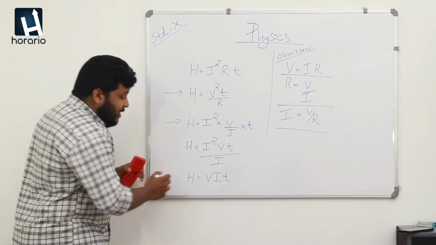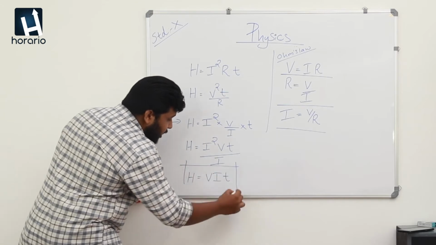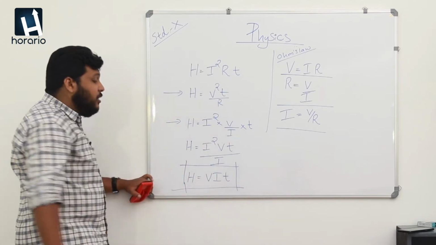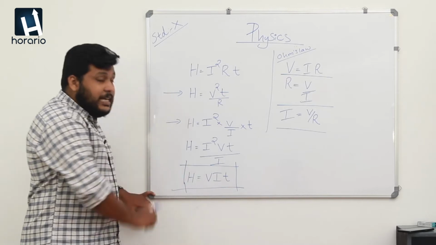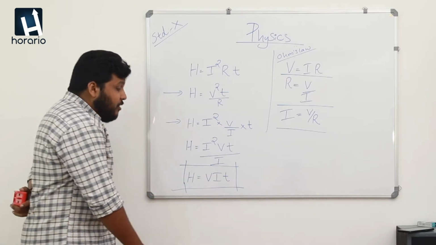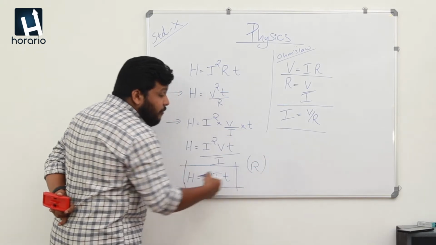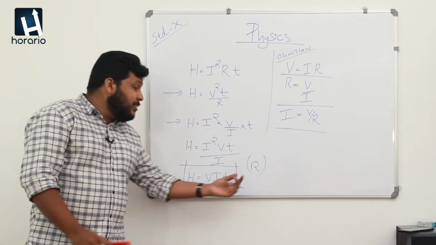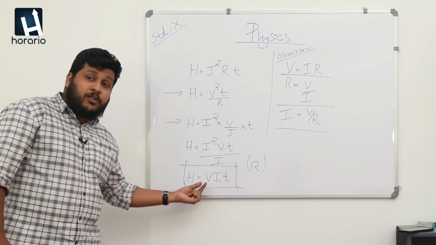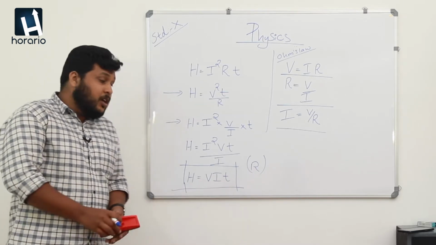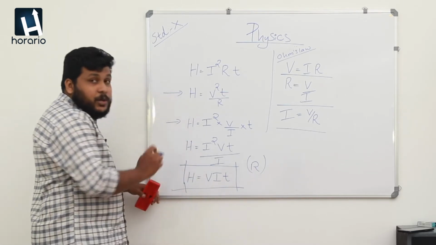From this we can know that we can use this equation for finding heat energy produced in a question where resistance is not given. When the resistance is not given and you have the value of voltage, current and time, you can use this equation.